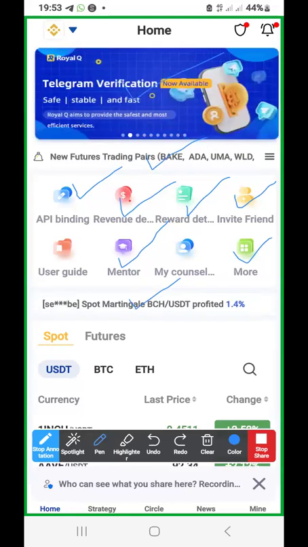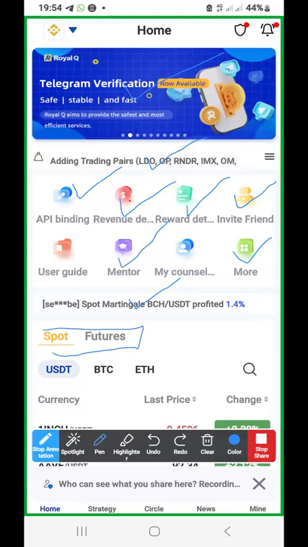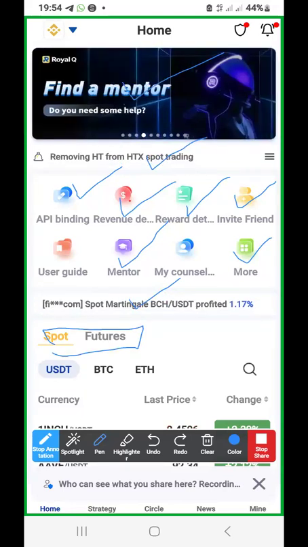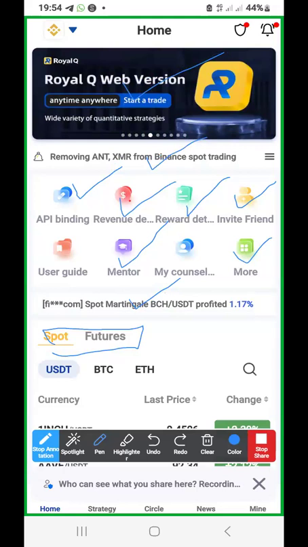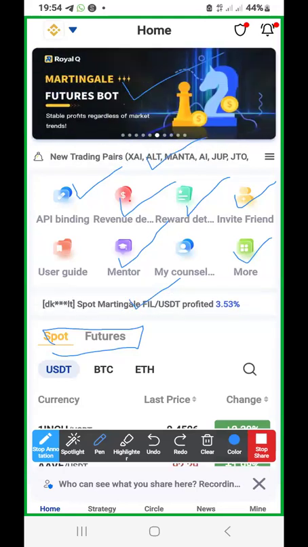And yesterday we dived briefly into the two markets which, at the moment, anyone using royalq can venture into and try to make some profits from. We said we have two types of markets you can traverse using the royalq bot: the spot market and the futures market.